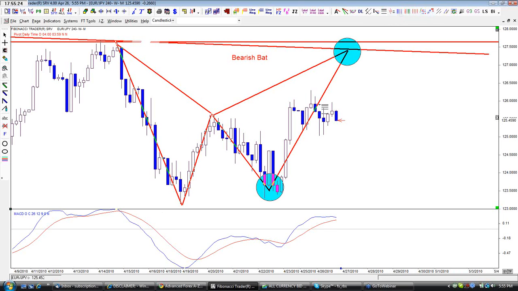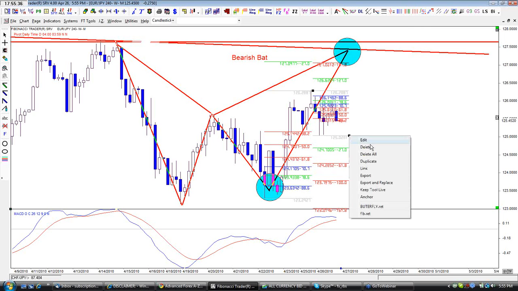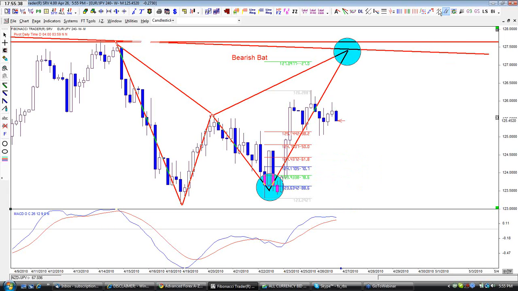Now I will also pull a fib here, here. No, not a good fib convergence.